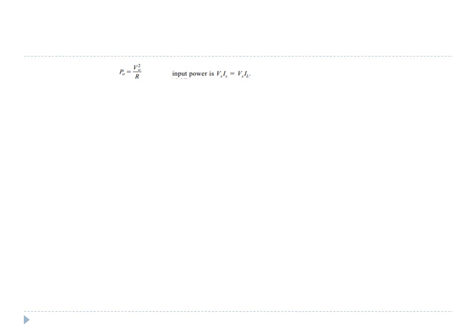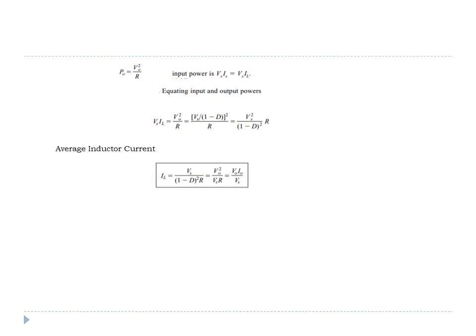So we can replace the source current with the inductor current IL. Equating both the equations, we can find the value of IL as Vs square upon (1 minus d) whole square into R. So the average inductor current can be determined using the equation here.